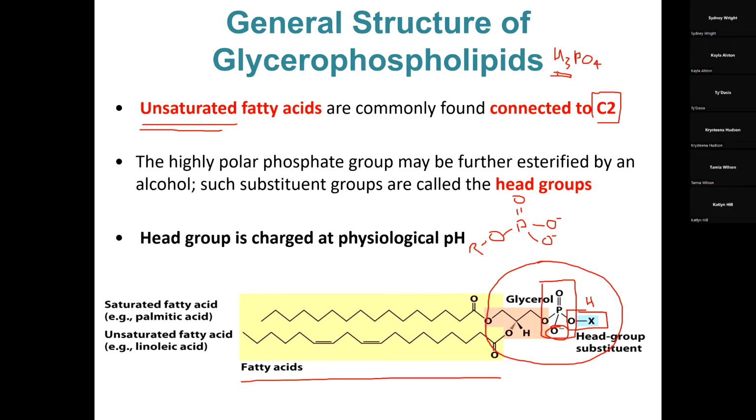H3PO4. So there's 3 hydrogens that could be donated away to make it an acid. So there's 3 pKa's, and here's the same kind of thing. It's just a derivative. You just have an alkyl chain bonded to one of the oxygens.